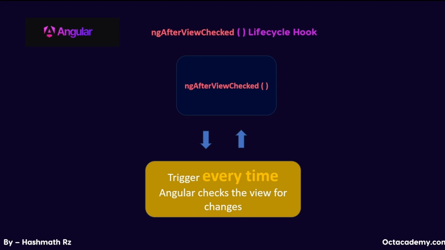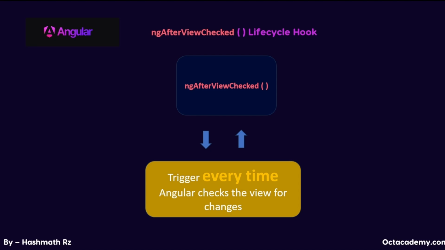Unlike ngAfterViewInit, which only runs once after the view is initialized, ngAfterViewChecked can be triggered multiple times during the lifecycle of a component. For example, if you are updating the view based on a user interaction, or if data binding causes the view to change, ngAfterViewChecked will be triggered.